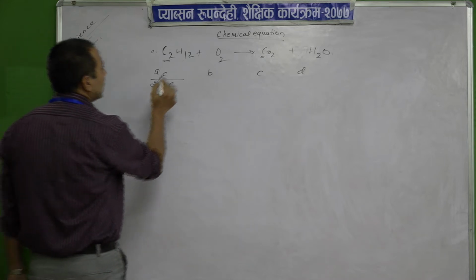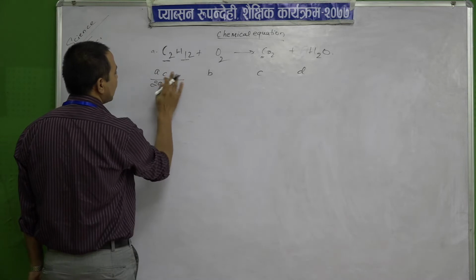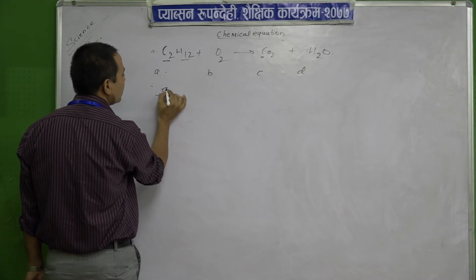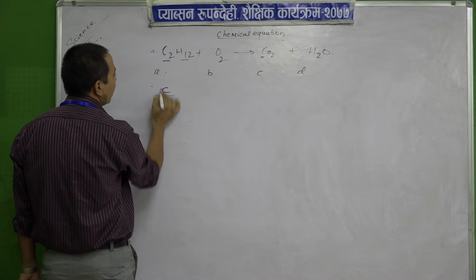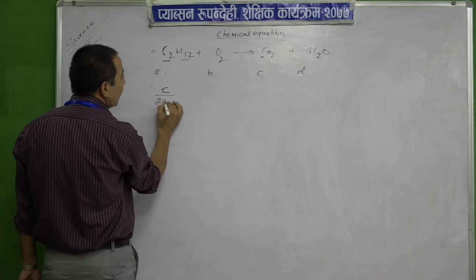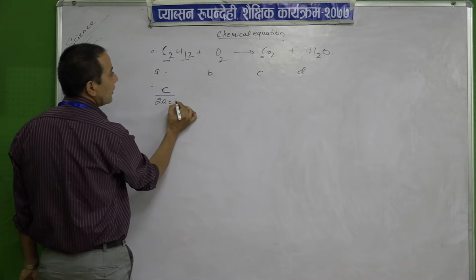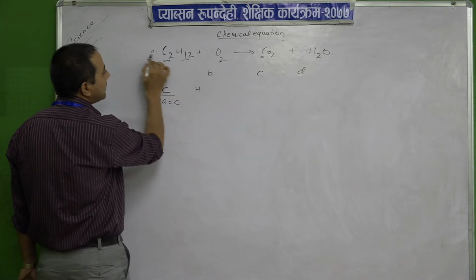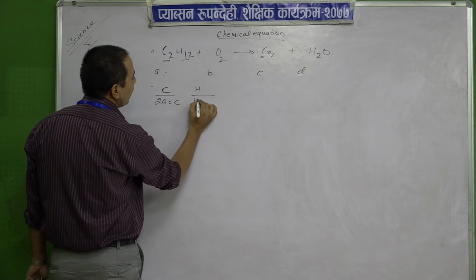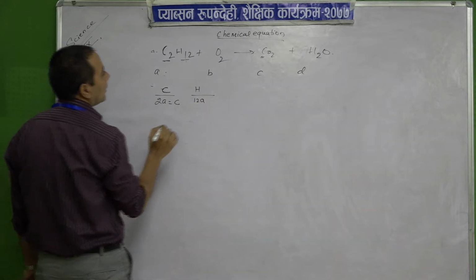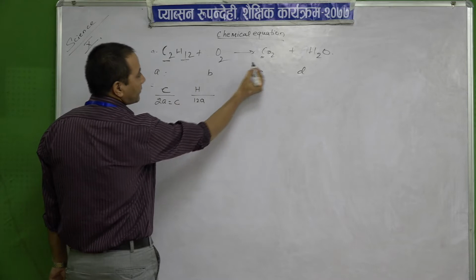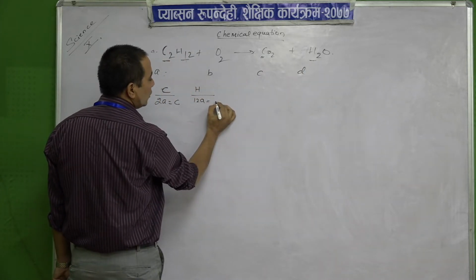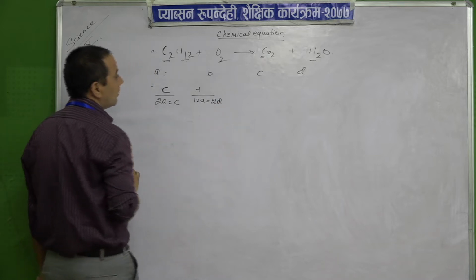Then again there is H12. I will write it a bit lower so that you can understand. That is for carbon: 2A equals C. Again hydrogen, how much? That is 12A equals 2D.